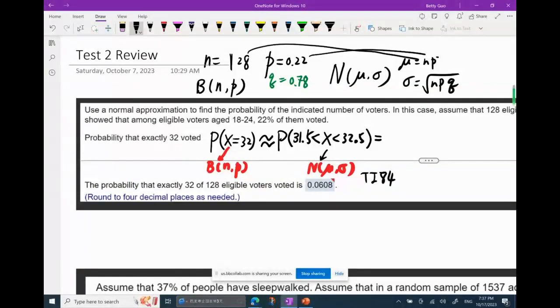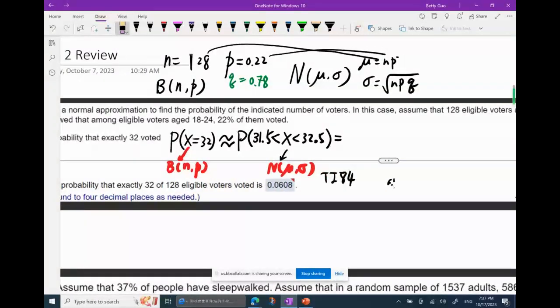Everybody please get it ready. You have your calculator ready? Turn on your calculator, and which function are we going to use? Normal distribution. We're looking for probability. So the function we're applying is normal CDF.